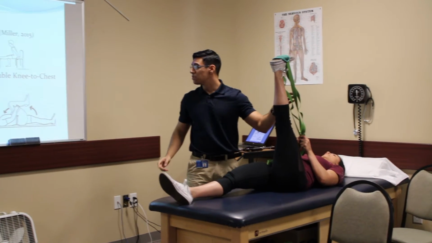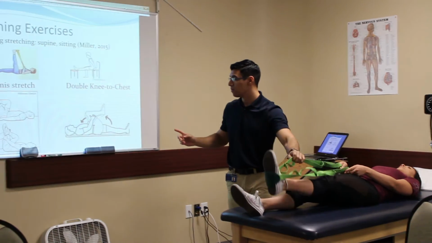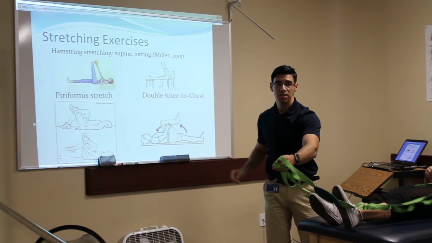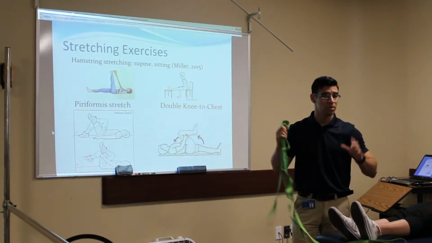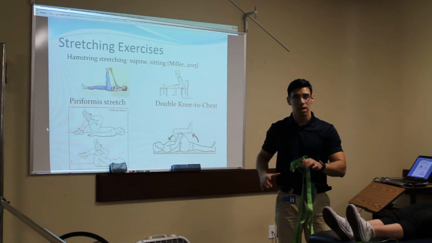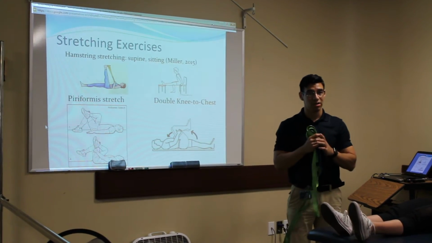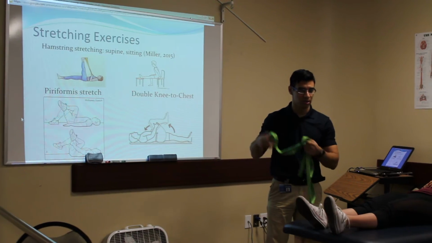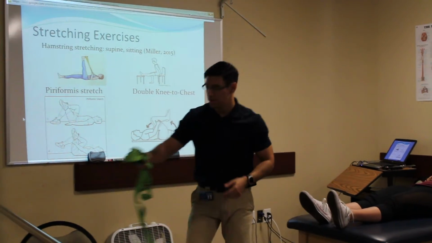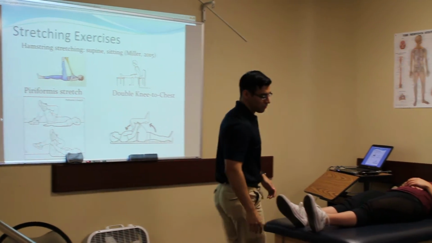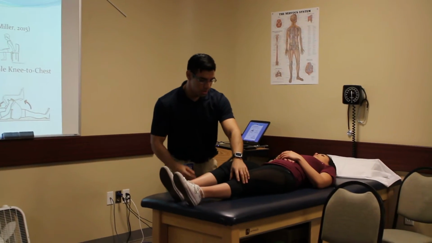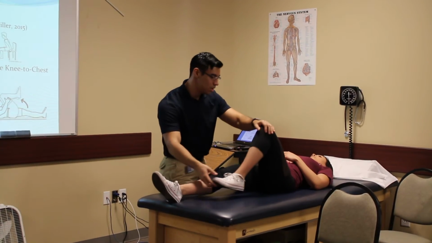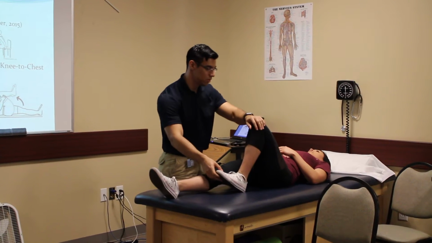The next one I'm going to show you is a piriformis stretch. The piriformis is a little muscle close to your gluteus medius, and it can compress the sciatic nerve, which is, as we mentioned, one of the causes of back pain. To demonstrate, Janelle is going to bend her left knee and cross it towards her right shoulder.